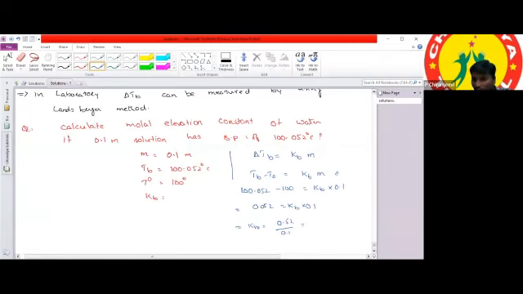This is 0.052; if you subtract 100 from 100.052, you'll get 0.052. So 0.052 divided by 0.1, how much will we get as the answer? 0.52 is the answer you will get. I had a small mistake. All of you got the answer?